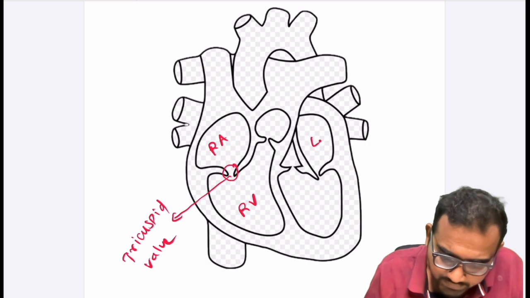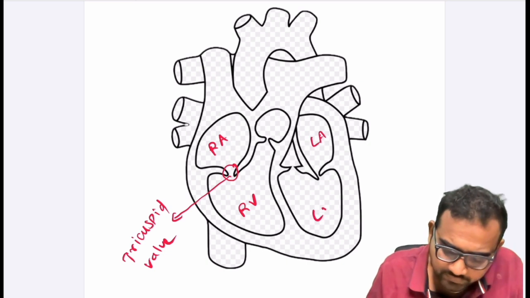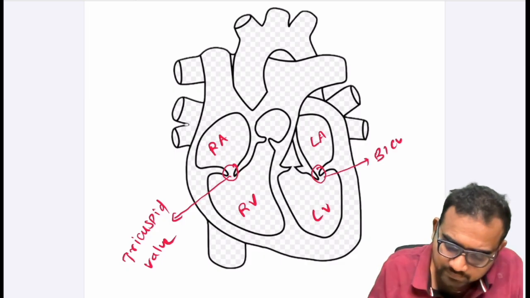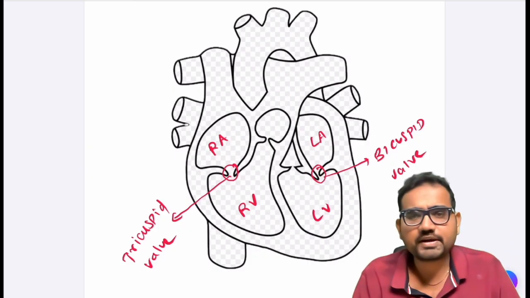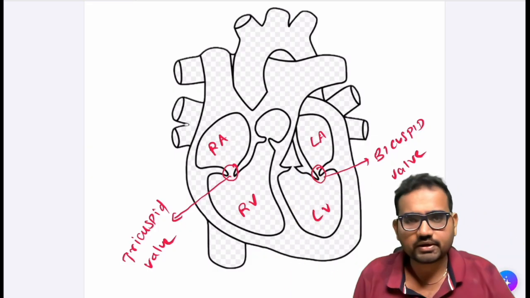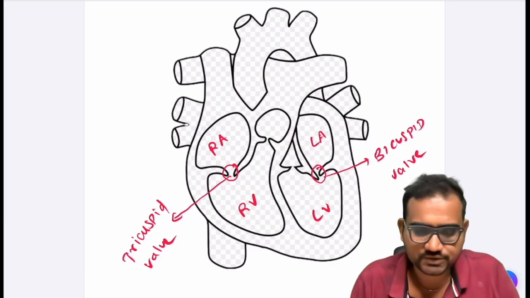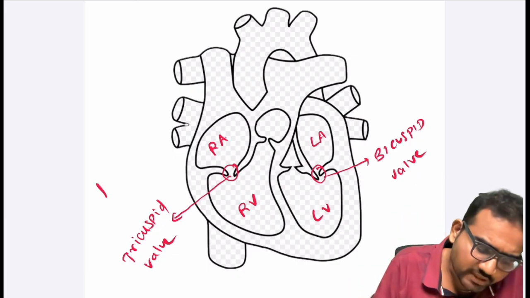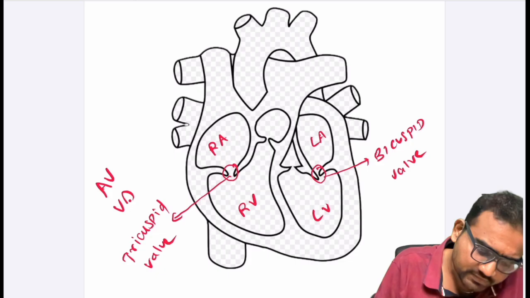Similarly, left atrium, left ventricle, and these two are separated by what is called the bicuspid valve. Very simple, right? So right atrium, right ventricle, left atrium, left ventricle, tricuspid, bicuspid valves. These are otherwise called AV valves.